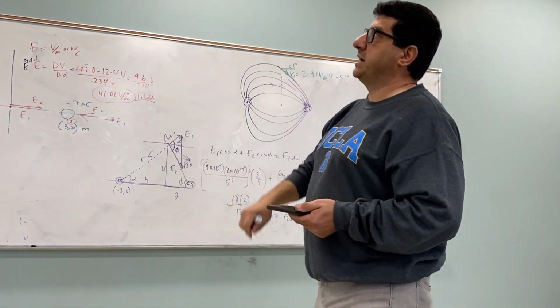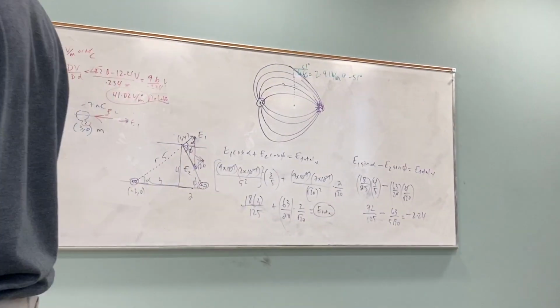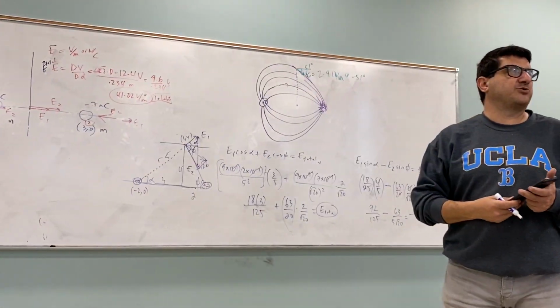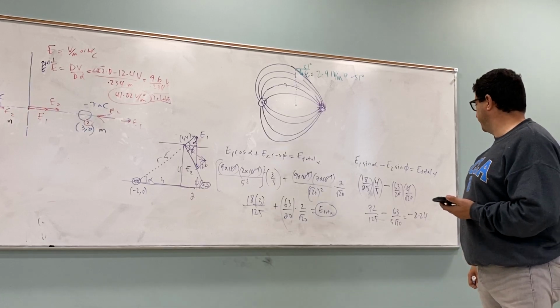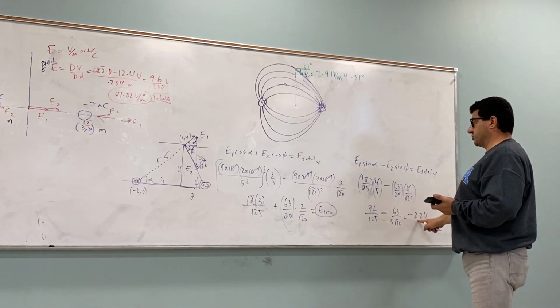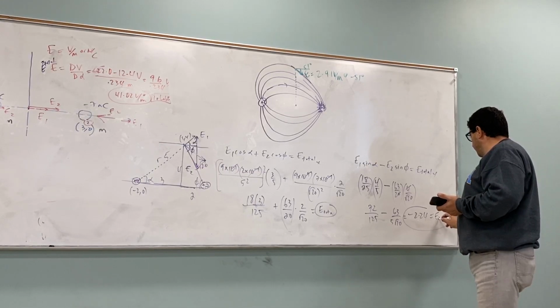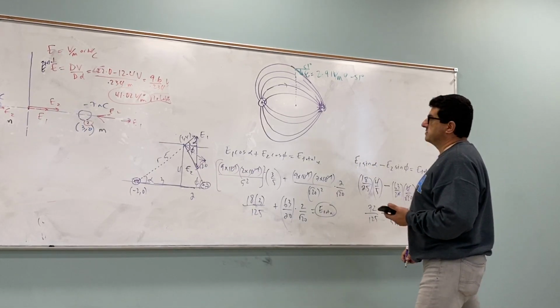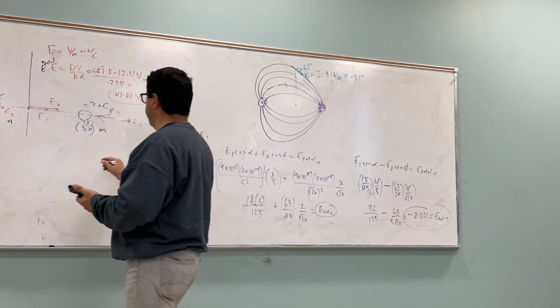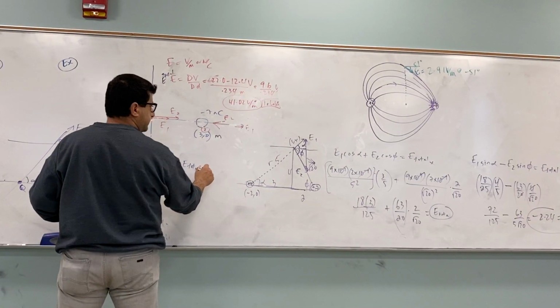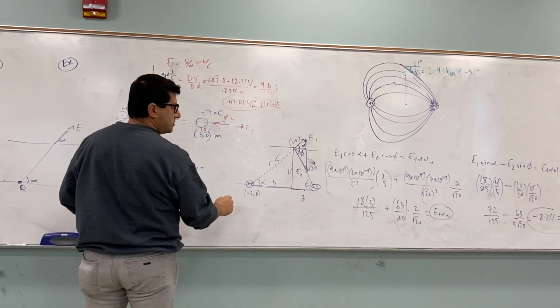So according to the app, we should be getting something like 2.91. One more step for us to check our answer. This is the electric field in the X, this is the electric field in the Y. Did I draw E total X?